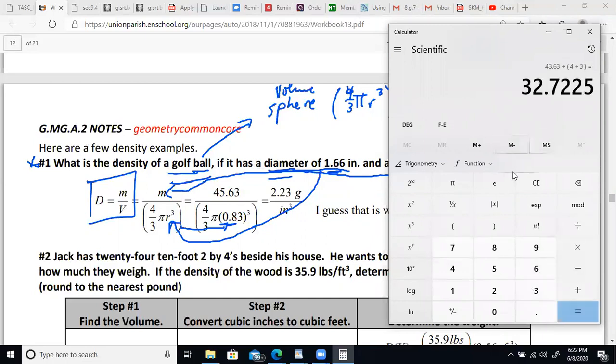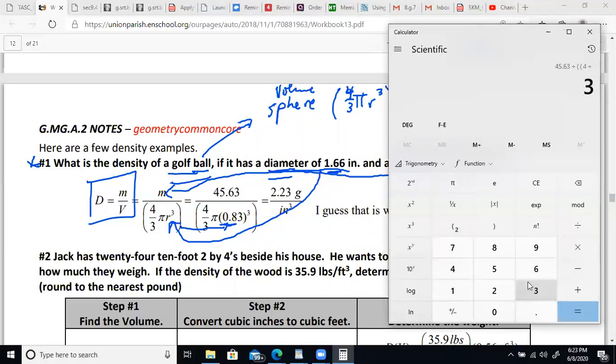Oops, let me fix that again, sorry. 45.63 divided by, let me do parentheses inside of parentheses.